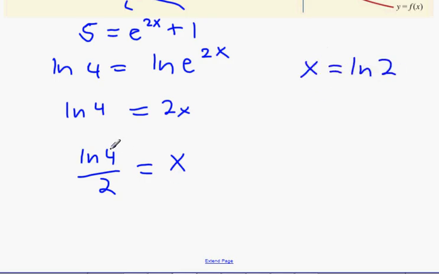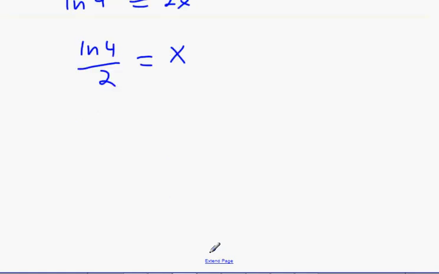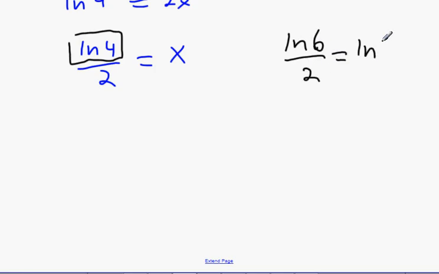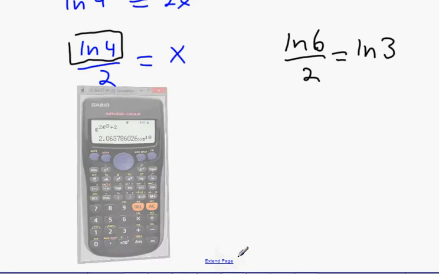Can anybody figure out how to change ln 4 over 2 into ln 2? You can't divide by 2 because it's a function, it doesn't work regularly. So let me give you an example. ln 6 divided by 2 under that logic should be ln 3. Let's check it out.